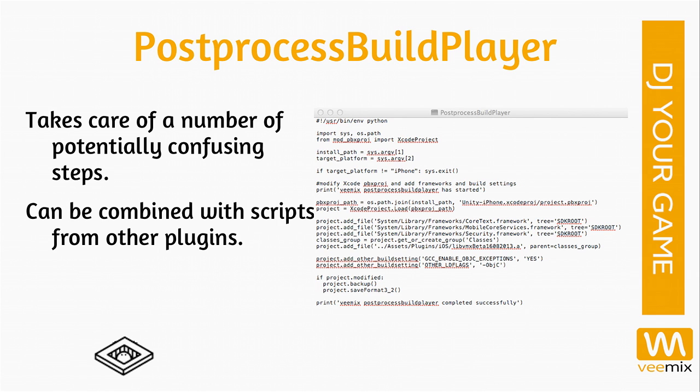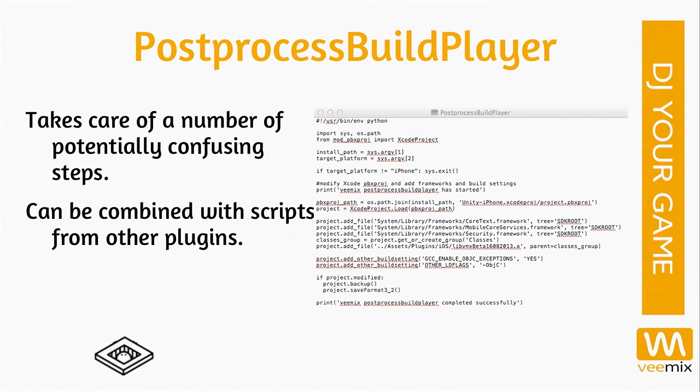Unity looks for the script in the editor folder in your Unity project, and it executes, like the name suggests, at the end of building the player. In the case of our iOS plugin, it provides the ability to add your native code and resources to the newly generated Xcode project.